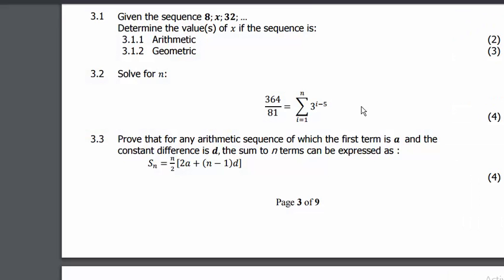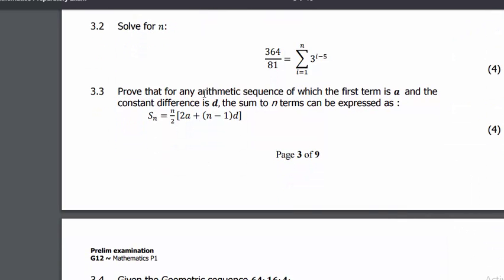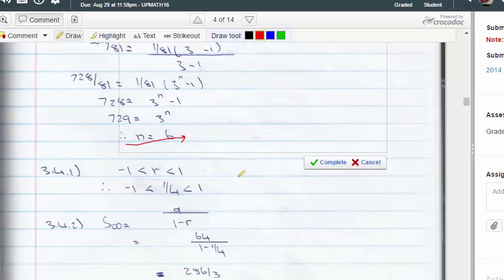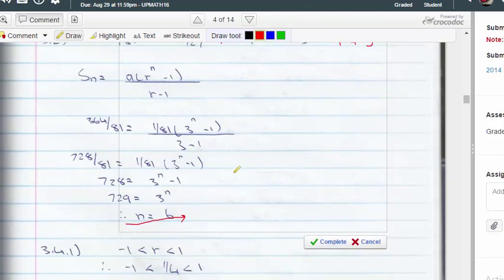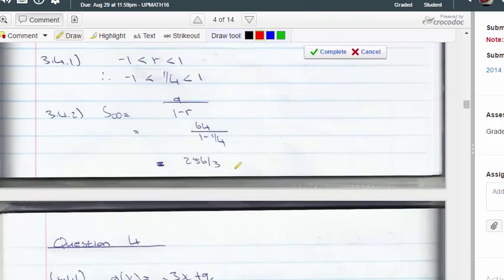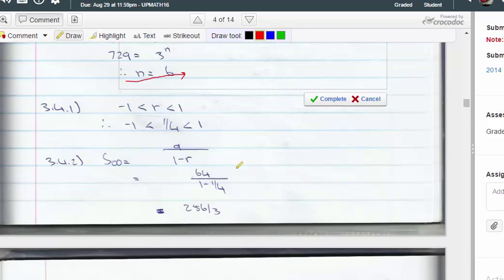Good question, good answer. Prove this theorem: if the first term is a and the constant difference is d, and I sum n terms, then I can write it as that. You have to prove that. The student skipped the proof. Hopefully it's because he knows the proof.